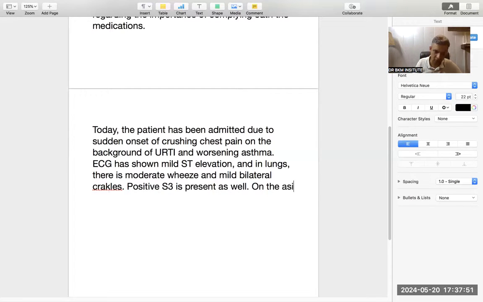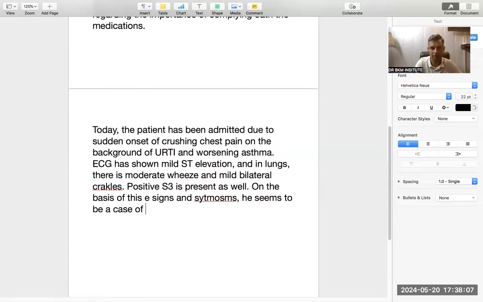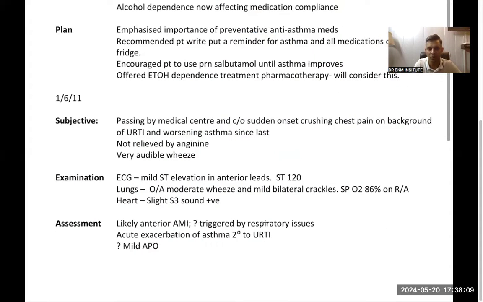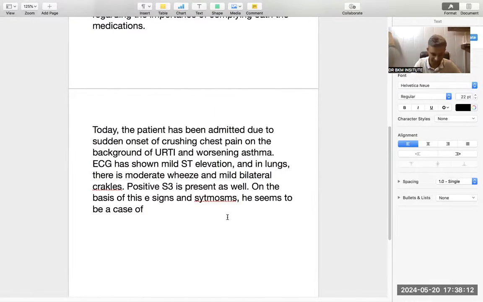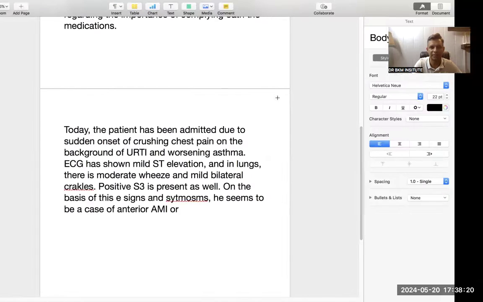So on the basis of these signs and symptoms, he seems to be a case of, why write everything again, of anterior AMI. Don't write everything again. AMI or acute exacerbation of asthma.